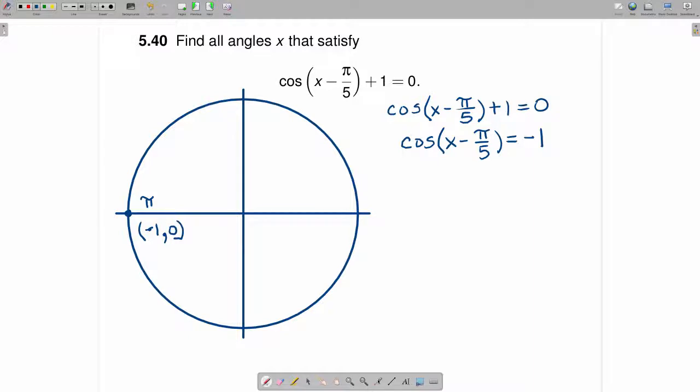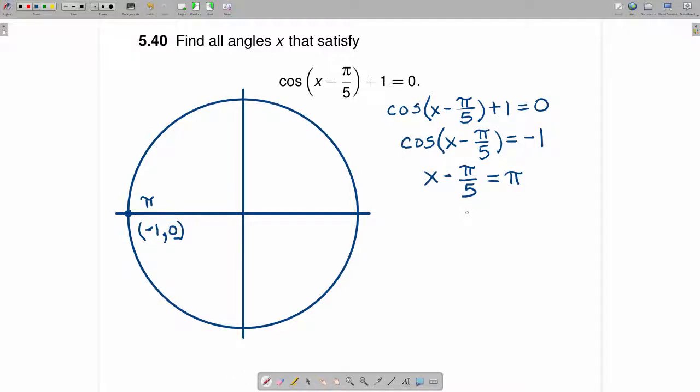So once you have that in place, when you return to this equation right here, what you can say is the angle, which is x minus pi over 5, is equal to pi. Again, we're trying to find x, and so solving this equation for x is done by adding pi over 5 to both sides of the equation.